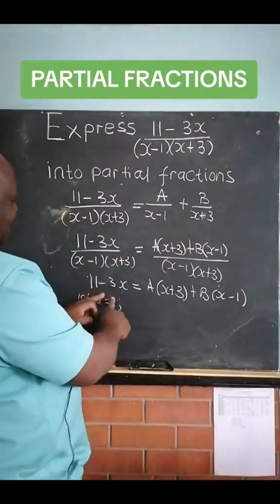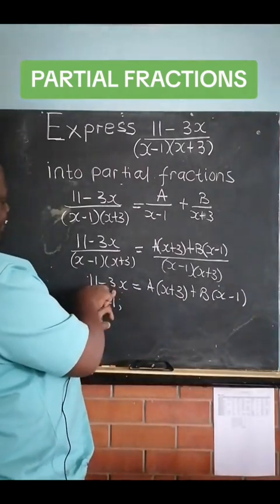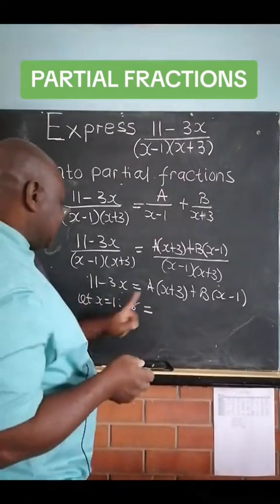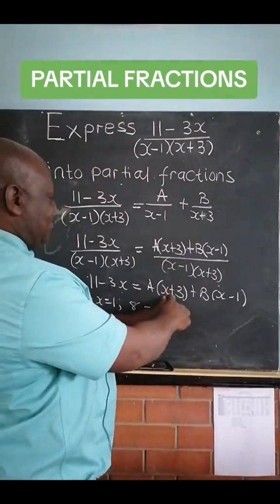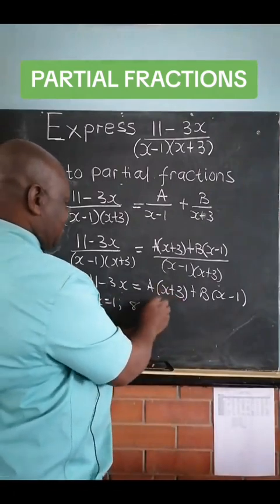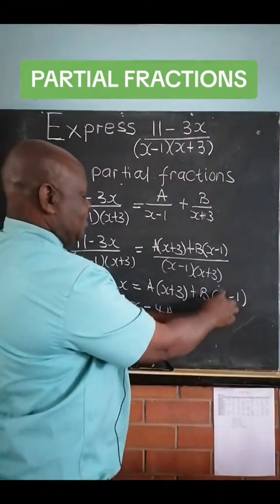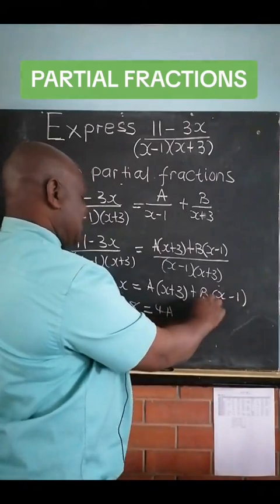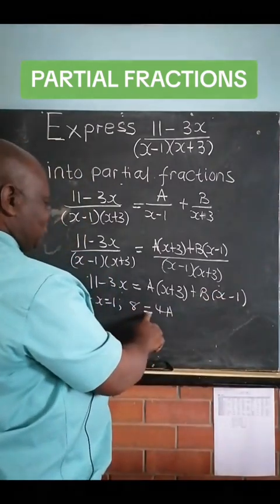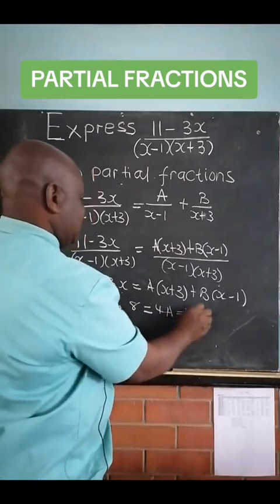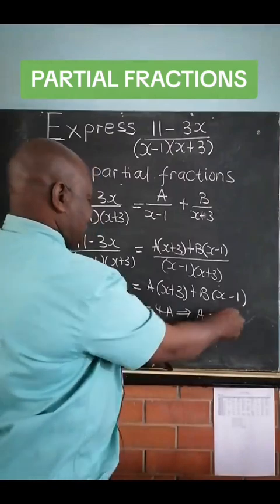On the left, x equal to 1 will give me 11 minus 3, which is 8, is equal to: if x is 1 here, this becomes 1 plus 3, which is 4, so I'm going to have 4A. If x is 1, this falls off because 1 minus 1 is 0 times B is 0. So 8 is equal to 4A, which implies that A is equal to 2 if I divide both sides by 4.